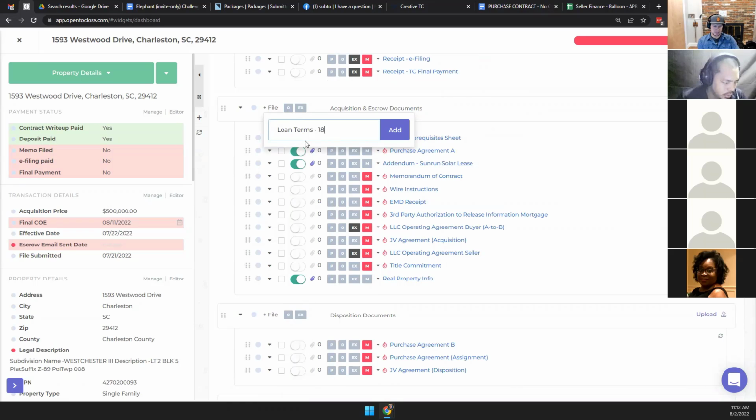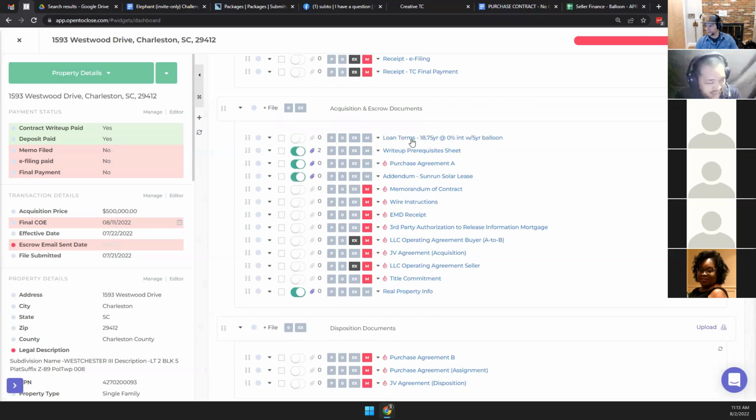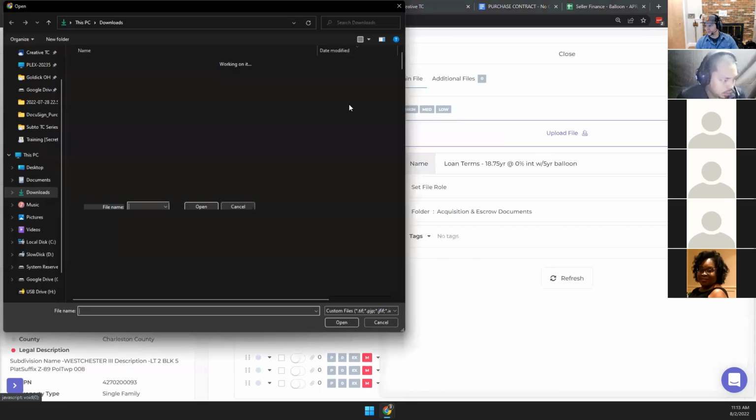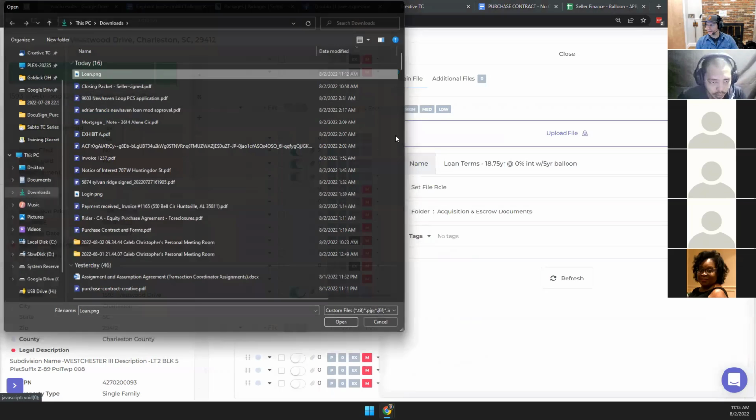Loan terms 18.75 year at 0% interest with 5-year balloon. Will it let me put all that? Yeah, nice. Special characters are allowed.